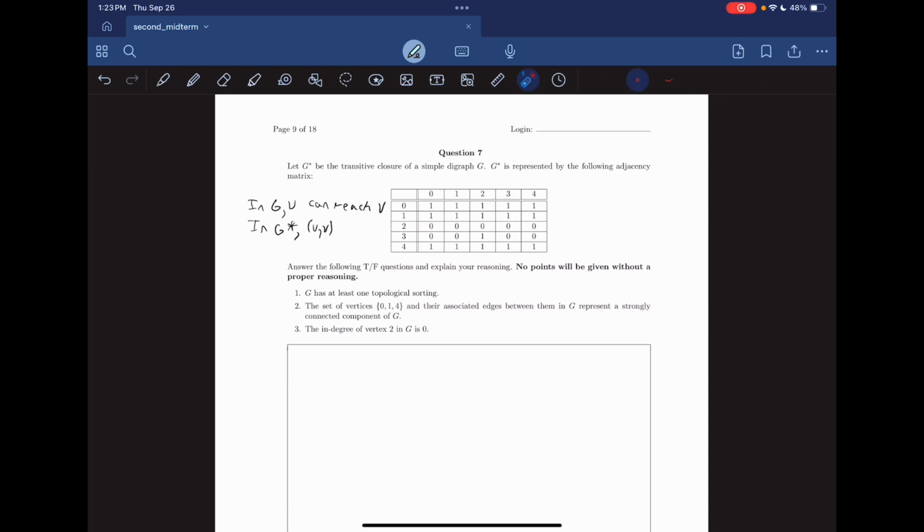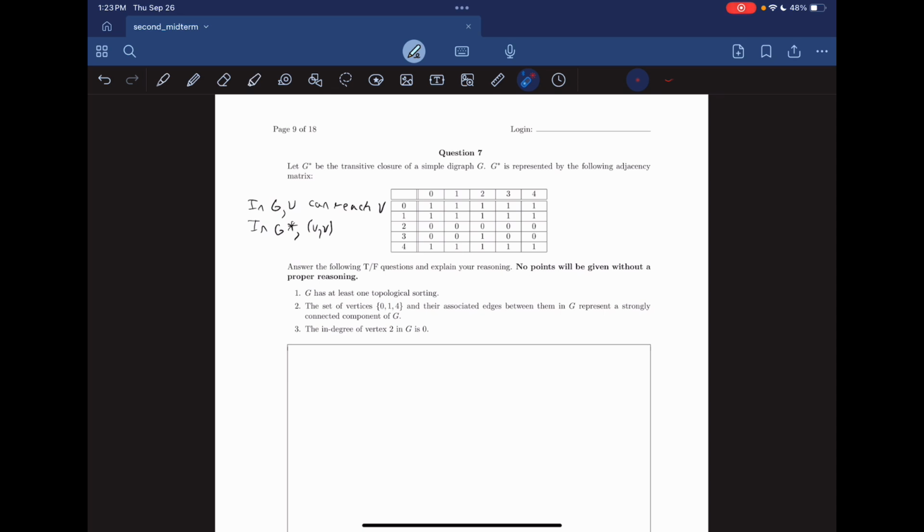The way that we would see that is that we look at the reachability of a pair of vertices. For example, this marking in row 0, column 1 being 1 means that if we start at 0 in G, we can reach 1. It's saying that in G star there's an edge from 0 to 1, and that if we start at 0 in the graph G, then we can reach 1.